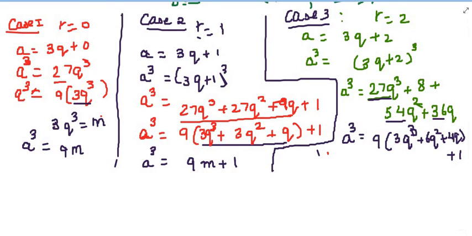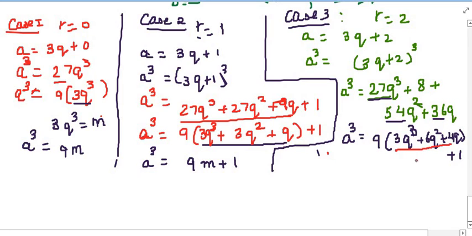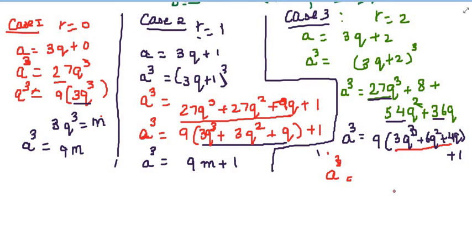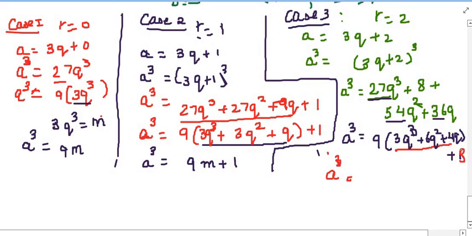Let's say this inside the brackets is equal to m. So we can say a cube is equal to 9m plus 8.